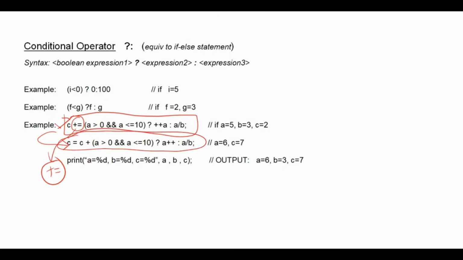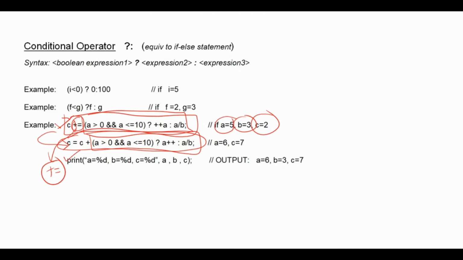So that is C gets C plus the right side value. So say if A is 5, B is 3, and C is 2, then what is the output if this printf is executed?